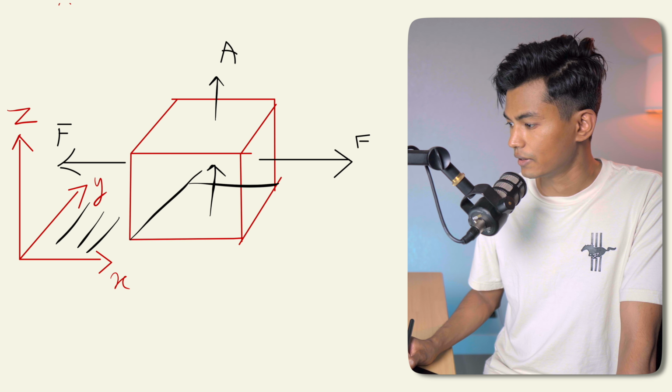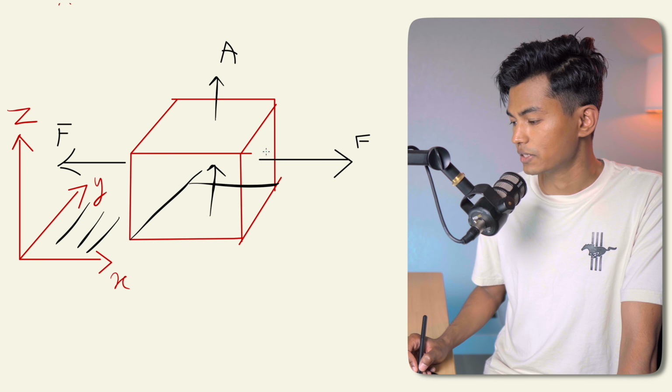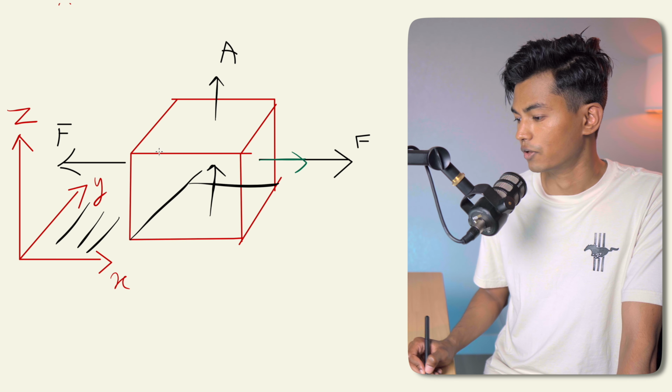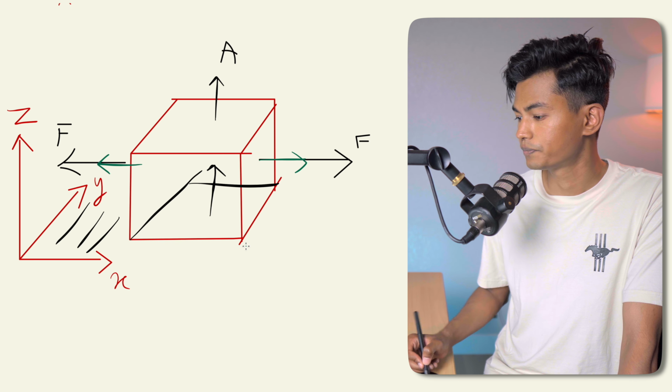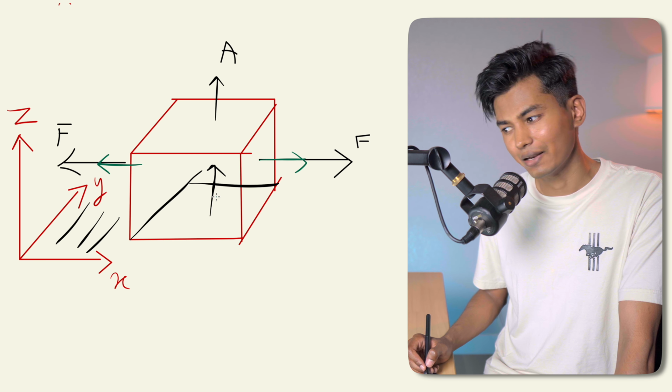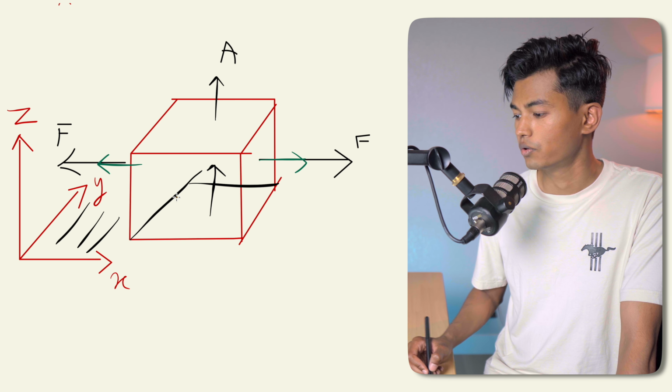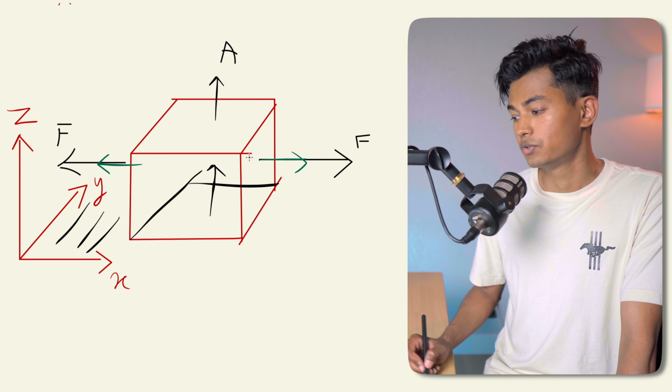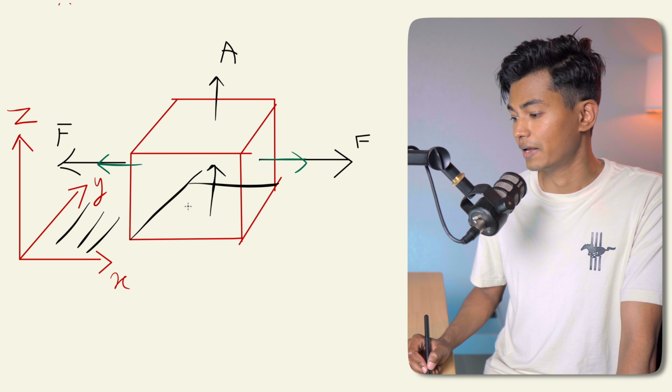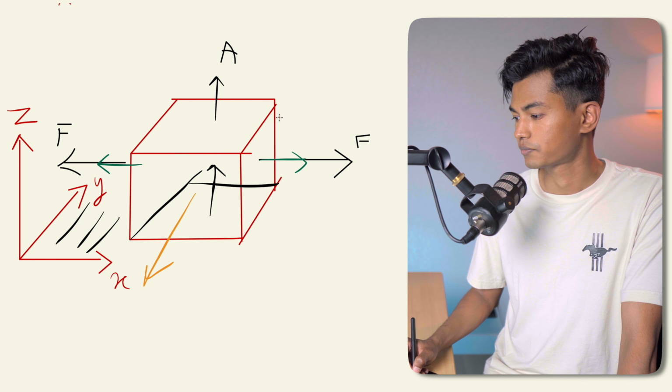And then there's an area which is perpendicular to the force, or the direction of the area is parallel to the force, and I'm talking about this area. And then there's another area which is also perpendicular to the force, or the direction of that area is perpendicular to the force, and that is this area. Clear?